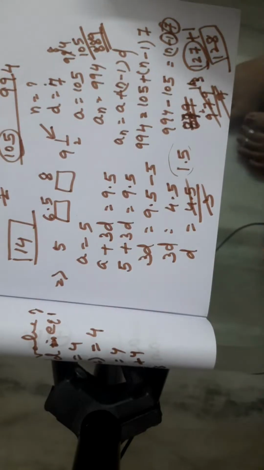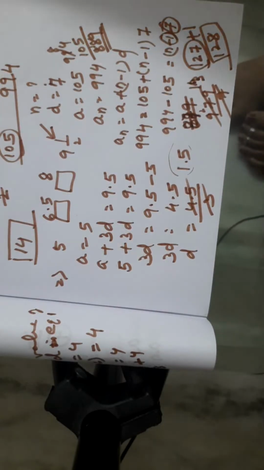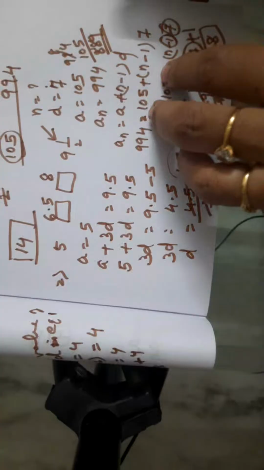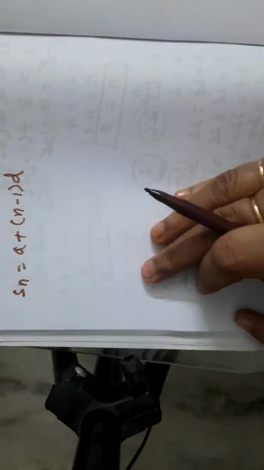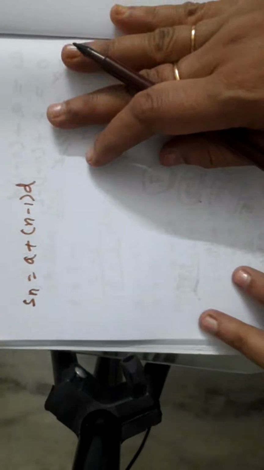Practice them well. Now the next exercise is related to sum. Either term-based questions or sum-based questions can be asked. If sum-based questions are there, the formula for the sum is Sn equals n by 2 times 2a plus n minus 1 d. We need to find the sum.